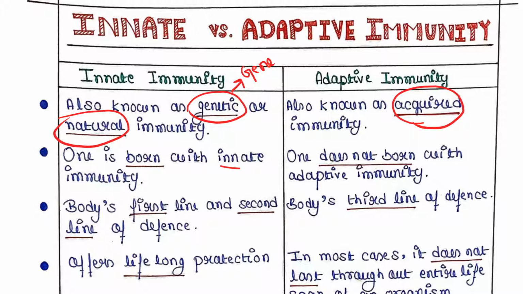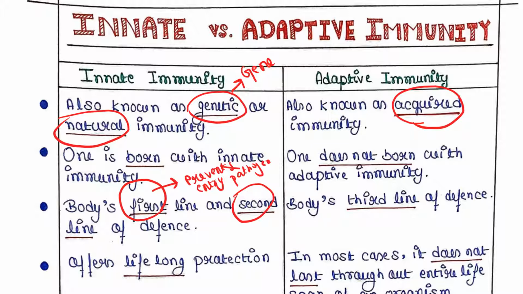Innate immunity is the body's first and second line of defense. First line of defense means it prevents the entry of pathogens in our body.